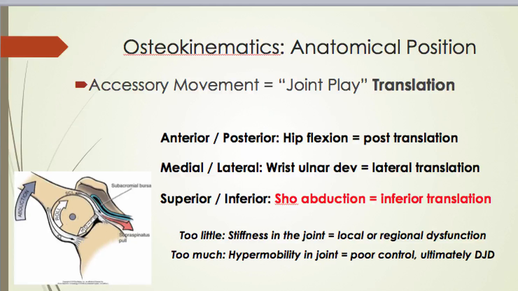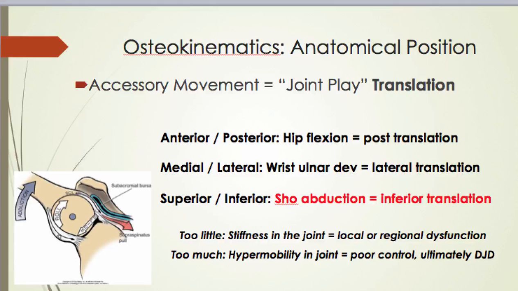So what's important about joint play? Well, if we have too little of it, we have stiffness in the joint, which can cause local problems and or regional dysfunction. So think about our example of the acromioclavicular, sternoclavicular joints.